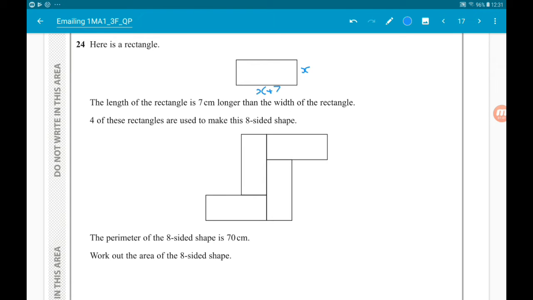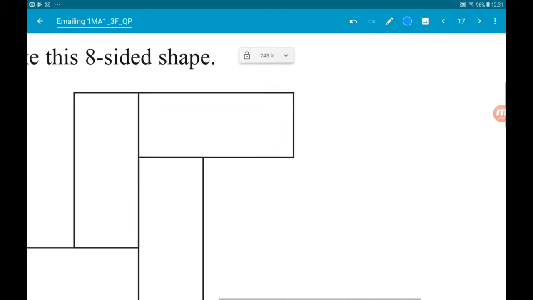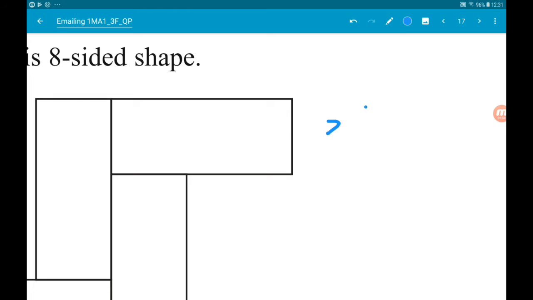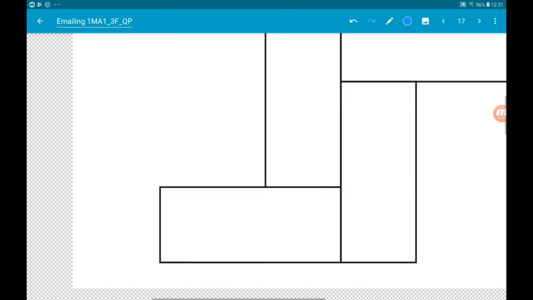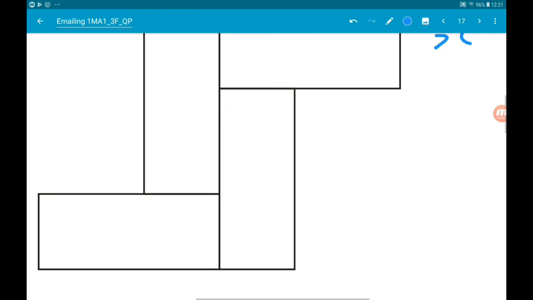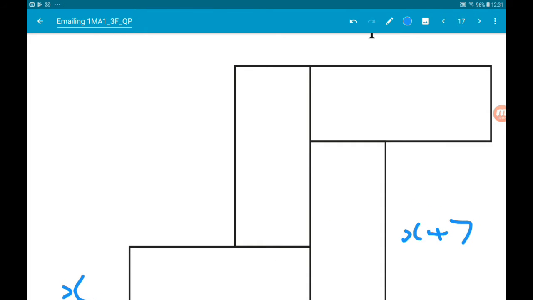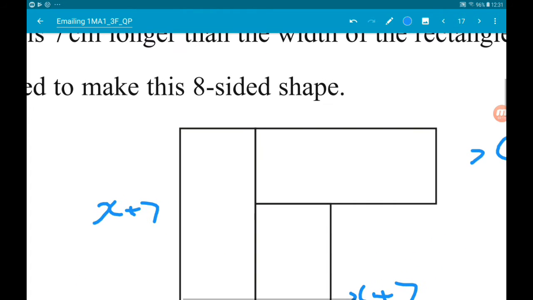So let's go around labeling lengths. So we have x there, we have x there, we have x add 7 there, we have x add 7 there. What about the top and bottom? Well, we have x there and x add 7 there altogether.